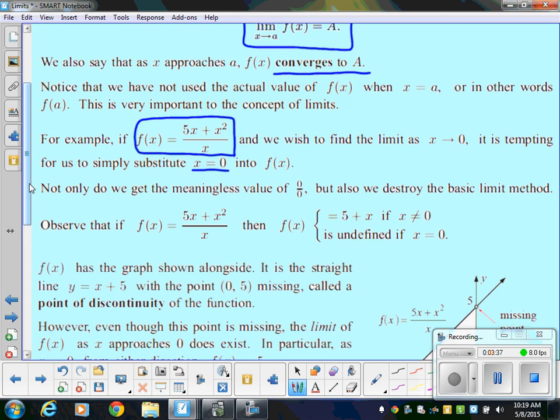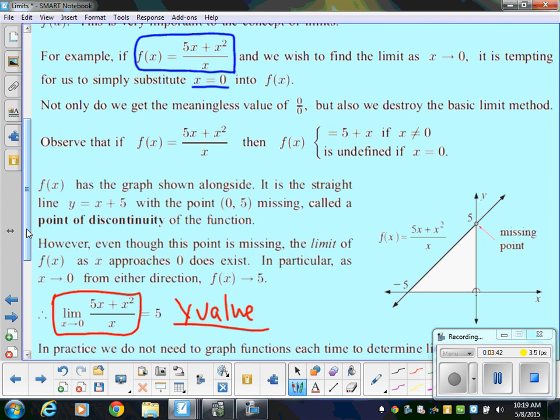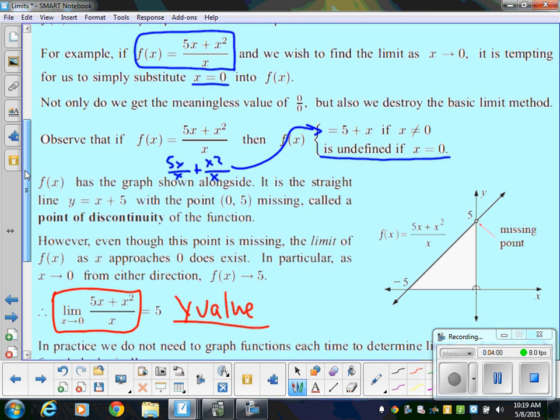So we have to observe the two parts of this function, because I could separate this out. x is undefined at 0, but I can also take 5x divided by x plus x squared divided by x and get a second function, which is 5 plus x, which therefore gives us a line. And that's what we're seeing in this graph.